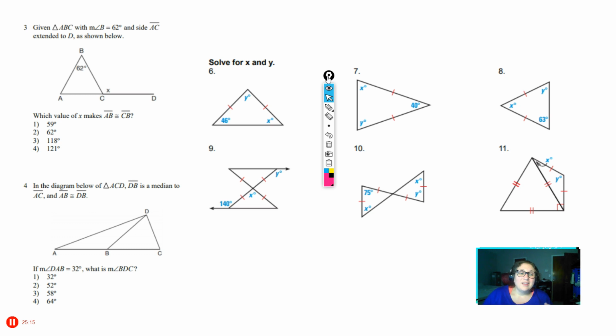Now, you don't have to technically know the exterior angle theorem if you just know math, but let's go over a couple examples. Here it says, given triangle ABC with measure of angle B is 62 and it's extended, which value makes AB congruent to CB? So basically it wants to know, how can we get this AB and this CB congruent?